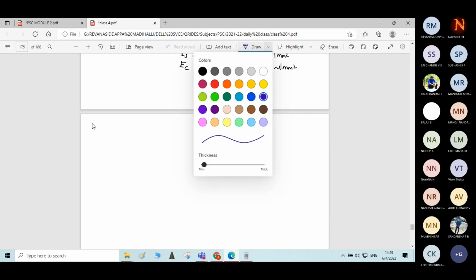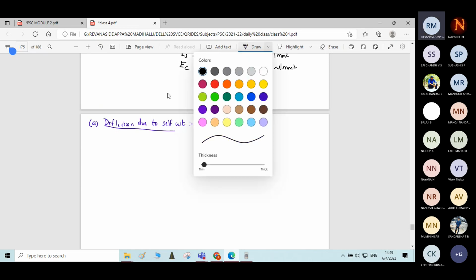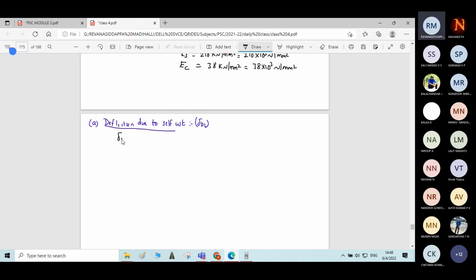A, deflection due to self-weight, delta DL. Therefore, delta DL is equal to 5 by 384 W L raised to 4 by EC into IX, where W is intensity of the self-weight, that you can find, correct?